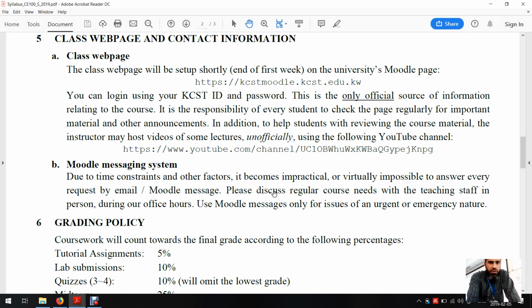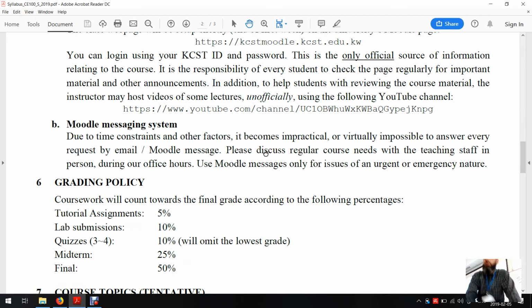Moodle has one option, which is the messaging system. Instead of sending to my private email, please do not send normal requests by email, because it makes my email full. If I have 90 students and I get an email from everyone, I cannot read those emails.